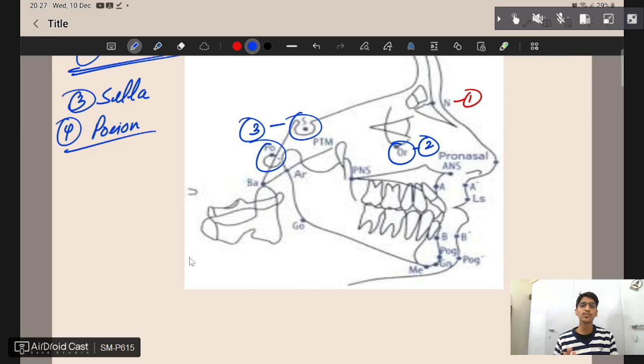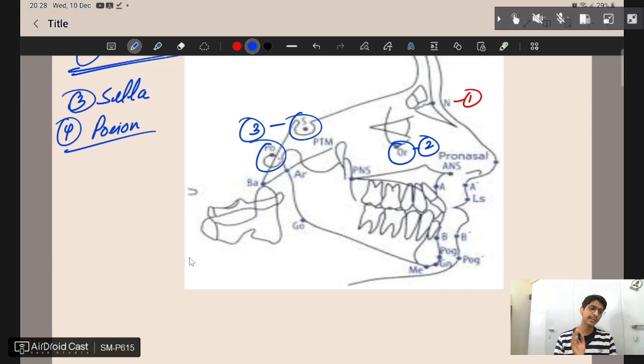So what we do is, when we place a ceph, many of you who have gone through orthodontic treatment may remember, there are stabilizing rods which are placed here. Where the rods are placed, it gives a characteristic round appearance at that point.